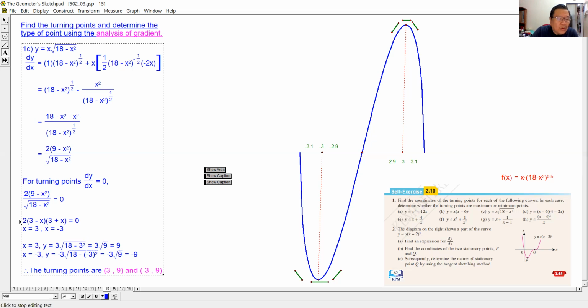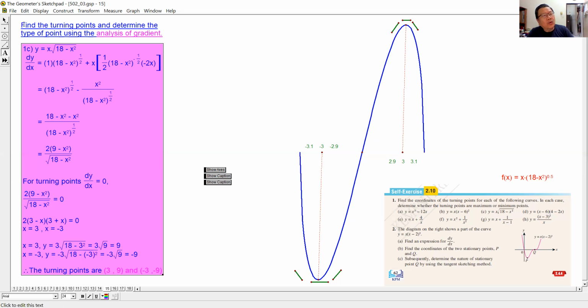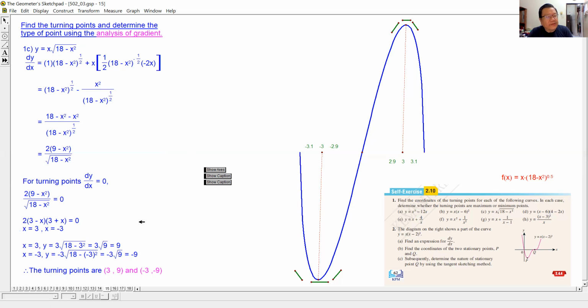The 2, we divide by 2, then it disappears. Then you have two values, x equals to 3 and x equals to negative 3. Okay, so we actually have two turning points, one where x is 3 and another at negative 3.